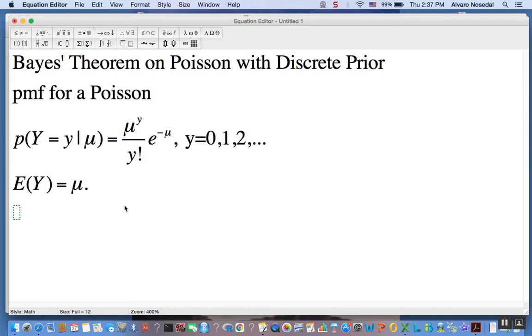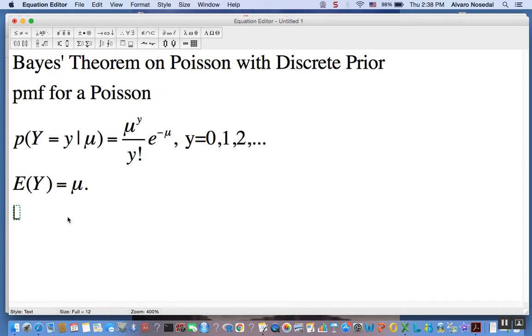Now, suppose that we believe that there are 4 possible values for that parameter mu. Because remember that what we're going to be doing is inference over that parameter mu. And in Bayesian statistics, we regard parameters as random variables, so they have a probability distribution. And remember, a probability distribution is just a list of possible values along with the corresponding probabilities.